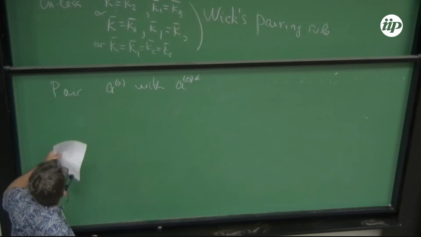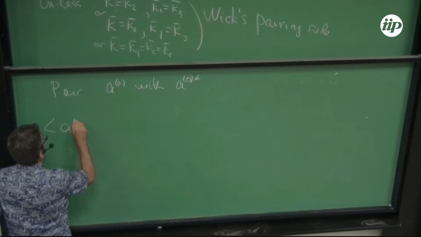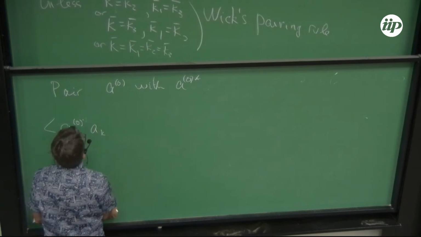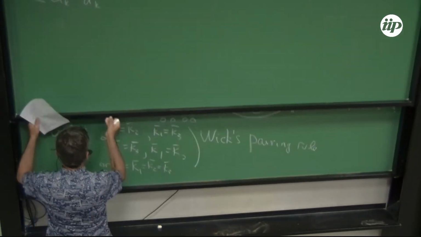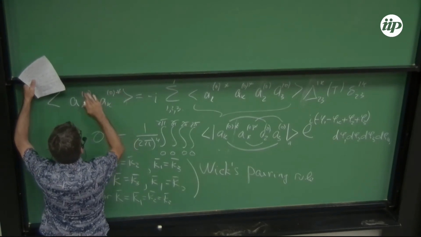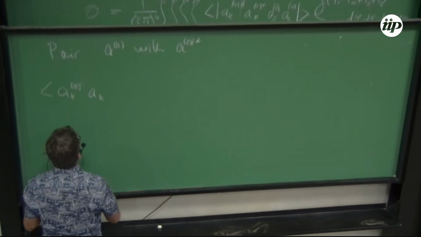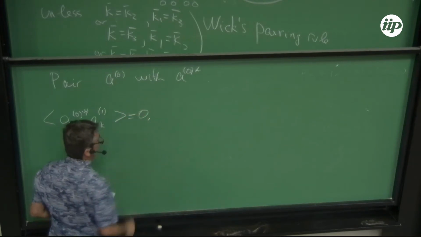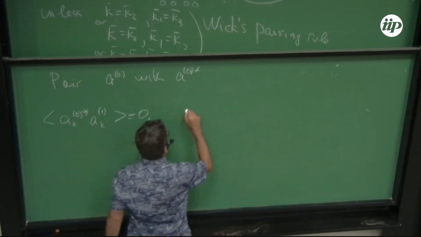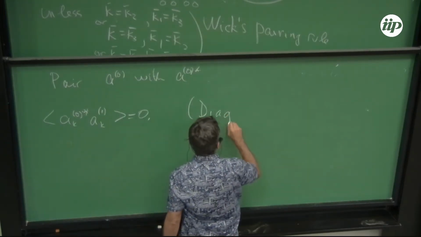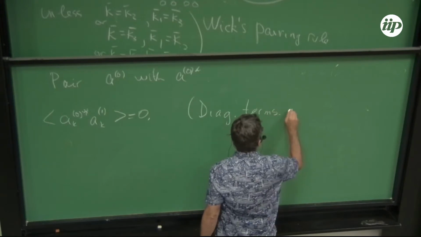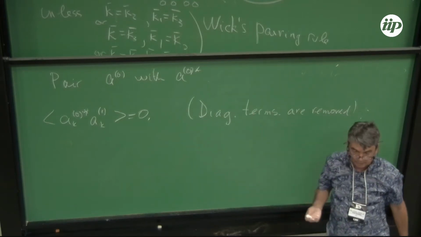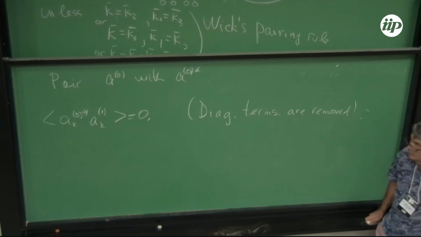So therefore, the result is zero, because the diagonal terms were removed at the point where we did frequency renormalization, right?